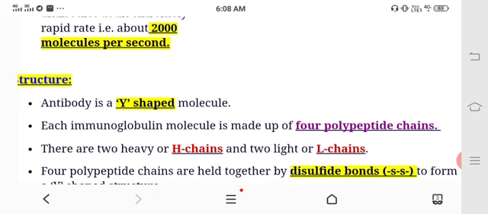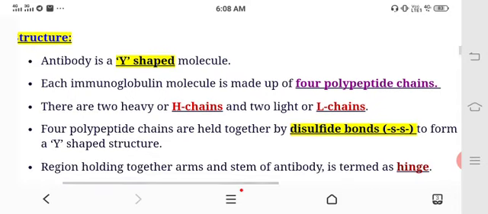There are two heavy chains or H chains and two light chains or L chains. The four polypeptide chains are connected together by means of disulfide bonds, S-S bonds, and form a Y-shaped structure.